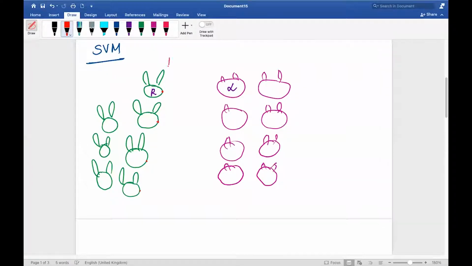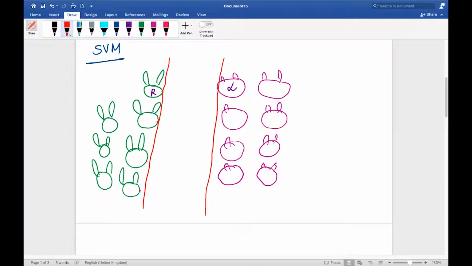There is a support vector, or let's say an imaginary line you draw, which goes touching the nearest rabbits. Similarly, parallel to this, you build an imaginary line passing through the nearest lion.